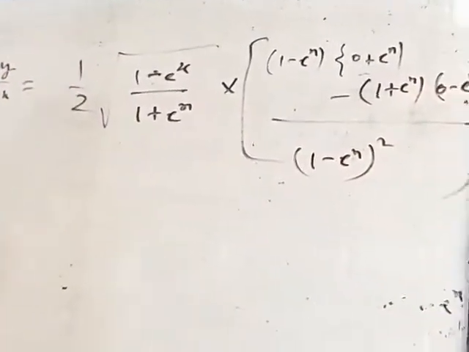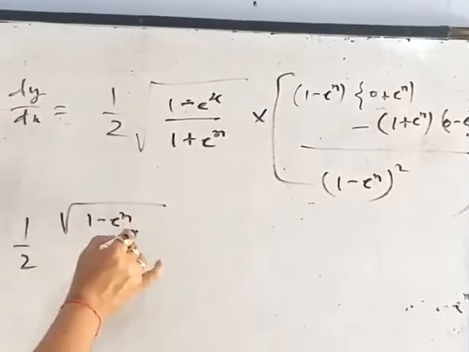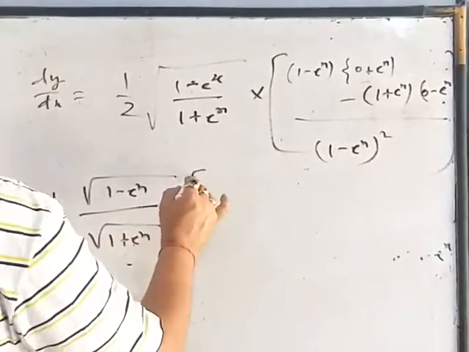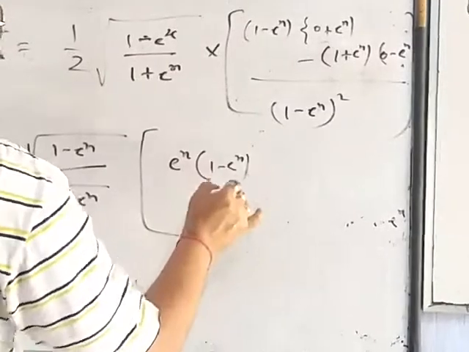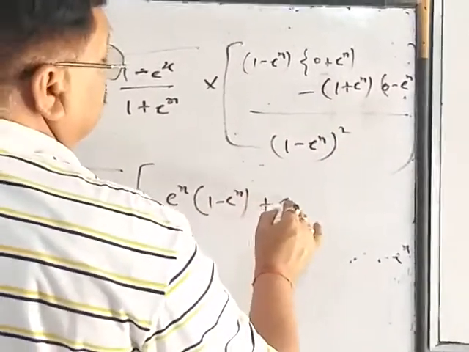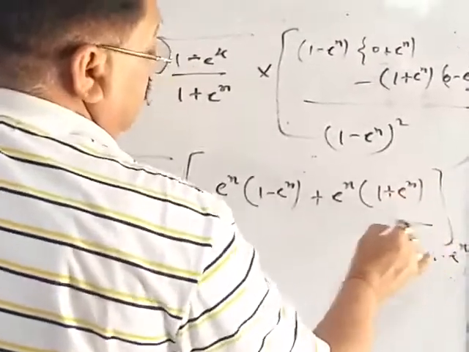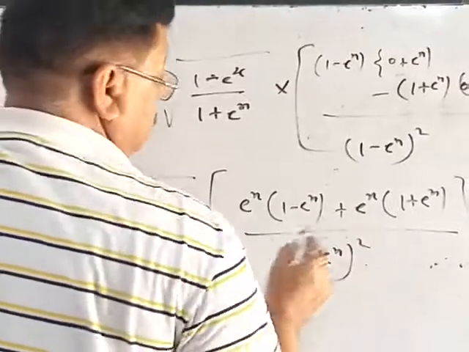Simplify this. 1 by 2, 1 minus e power x, root under 1 plus e power x, it is e power x, and minus minus plus, 1 plus e power x, and 1 minus e power x whole square.